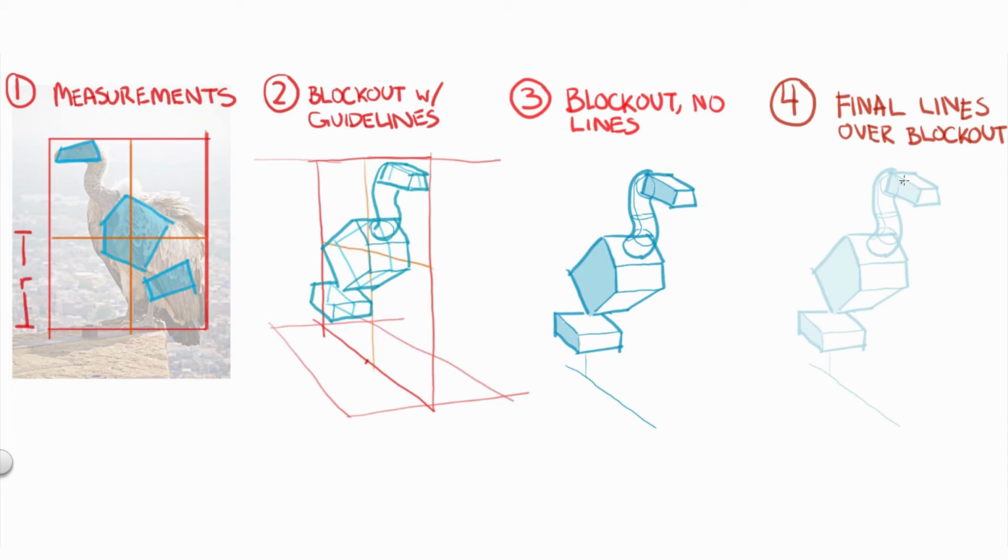Alright, now I'm going to use that same blockout, but I'm going to do my final lines over it. With these final lines, we'll keep in mind all the line drawing techniques we discussed previously.